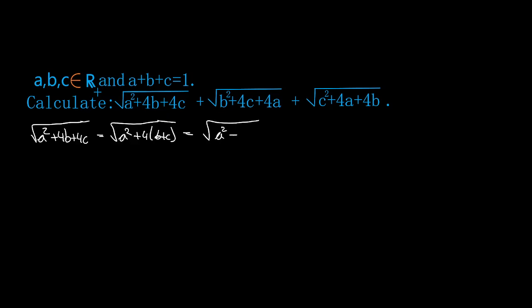Because a plus b plus c equals 1, it follows that b plus c is 1 minus a. So here we have 1 minus a. I think so far was pretty easy, isn't it?